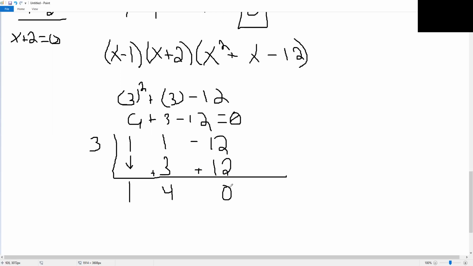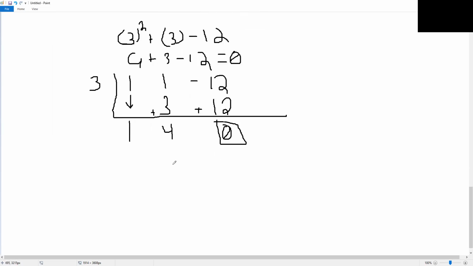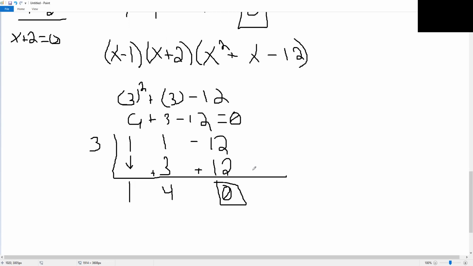Add them, we get 0. 3 does work by using synthetic division. We did check it here. So let's go ahead and plug this in.